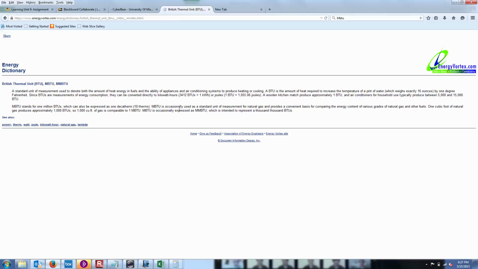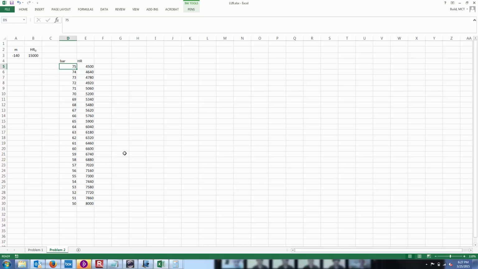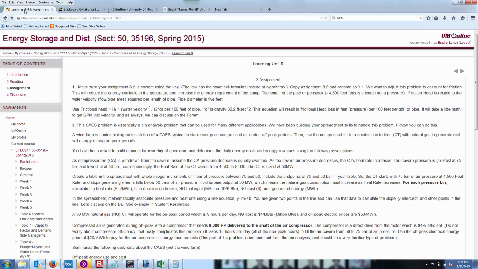It says MBTU is occasionally expressed as MMBTUs, which is intended to mean 1,000,000. So, yeah, I have no idea why that got so messed up, but a BTU is still a BTU. Let's not get too crazy with it. Gotta make things harder for laymen to understand energy. Well, it's job security for those in the field, right? Cheat somebody out of 1,000 times more money. No, that's MMBTU.